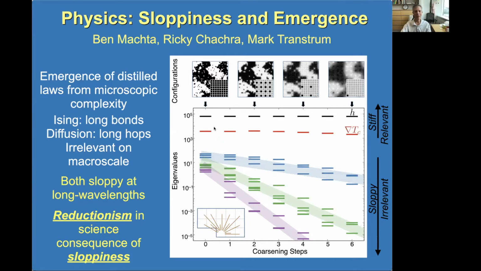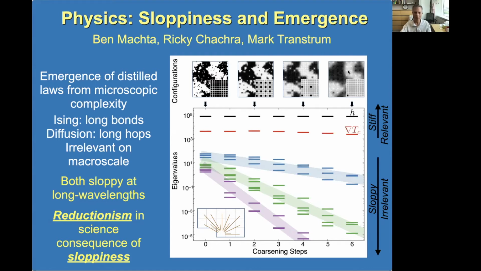And then you can ask for the eigenvalues of the metric tensor about the Ising model, say. And as you coarse grain, it's known that if you have perfect data about the microscopic model you're trying to fit, it's not sloppy.